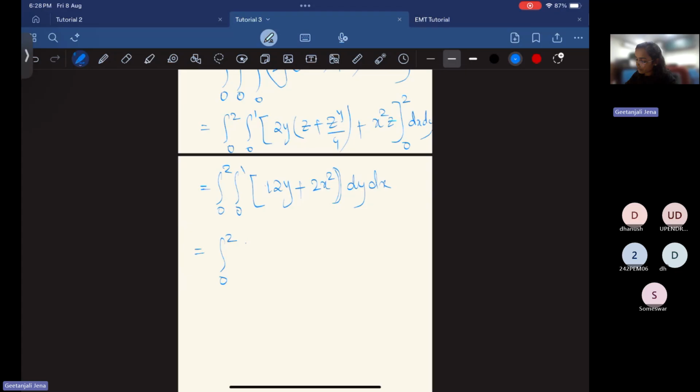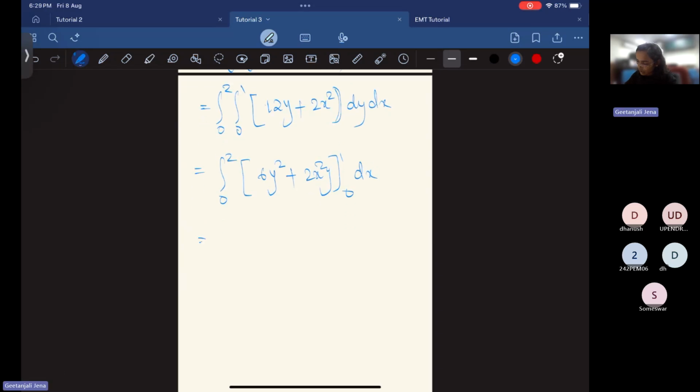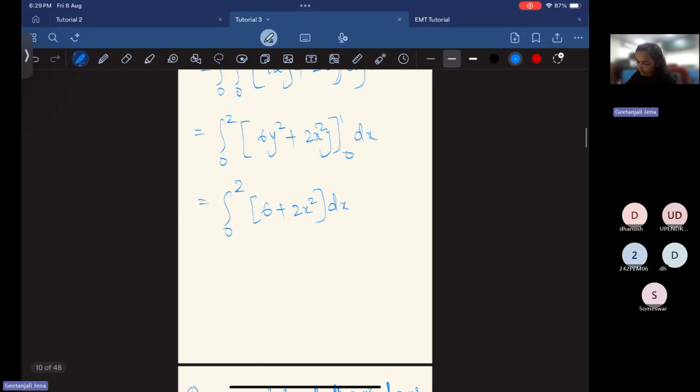Now take the integration for dy. 12y will give 6y square plus 2x square y, and the limit is 0 to 1, dx. So this will give, from 0 to 2, 6 plus 2x square dx by putting the limits.